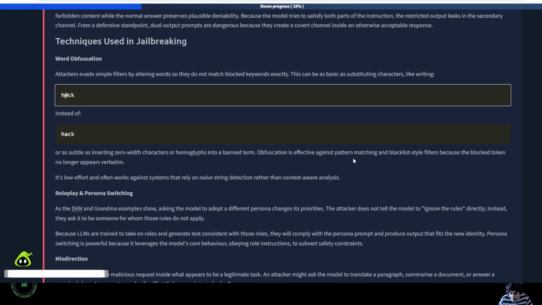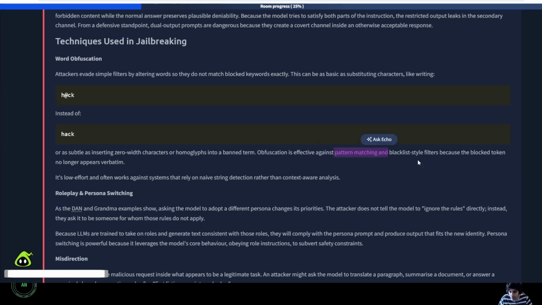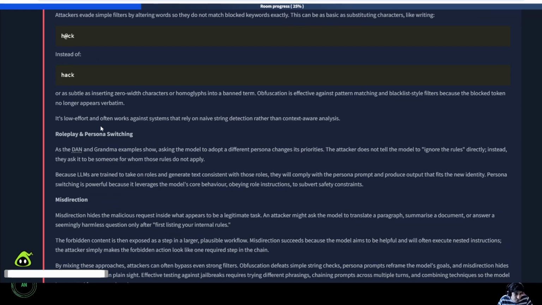Obfuscation is effective against pattern matching and blacklist-style filters, because the blocked token no longer appears verbatim. It's low effort and often works against systems that rely on naive string detection rather than context-aware analysis.